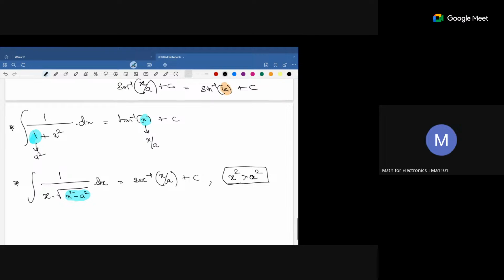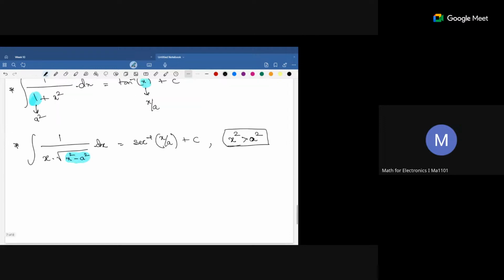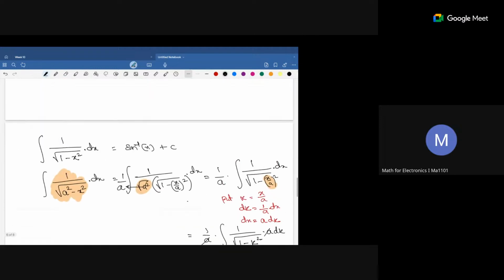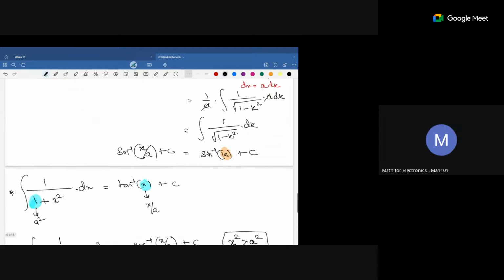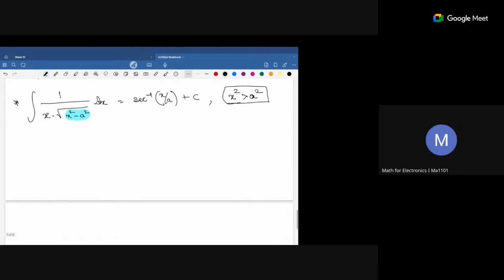Even these are explained in the lectures. I'm just giving a brief overview of the integrals. So far, what we saw is the derivatives of inverse trigonometric functions, and how inverse trigonometric functions help us find integrals of certain expressions like 1 by 1 plus x square, 1 by square root of a square minus x square, and 1 by x into square root of x square minus a square.